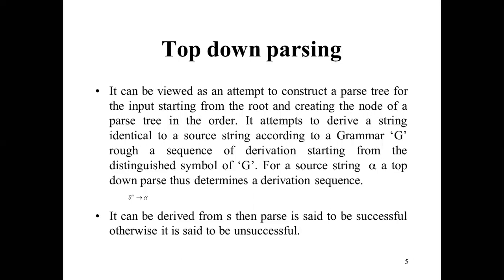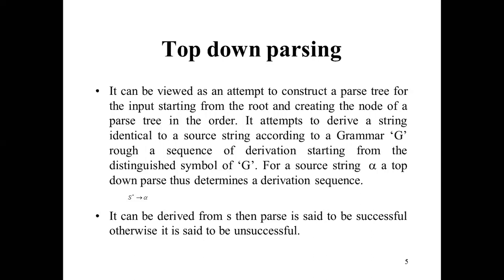So we will use the grammar of the compiler and then we will divide our string from top to bottom. Here we will divide the string and the signal will flow from the top side to the bottom side.